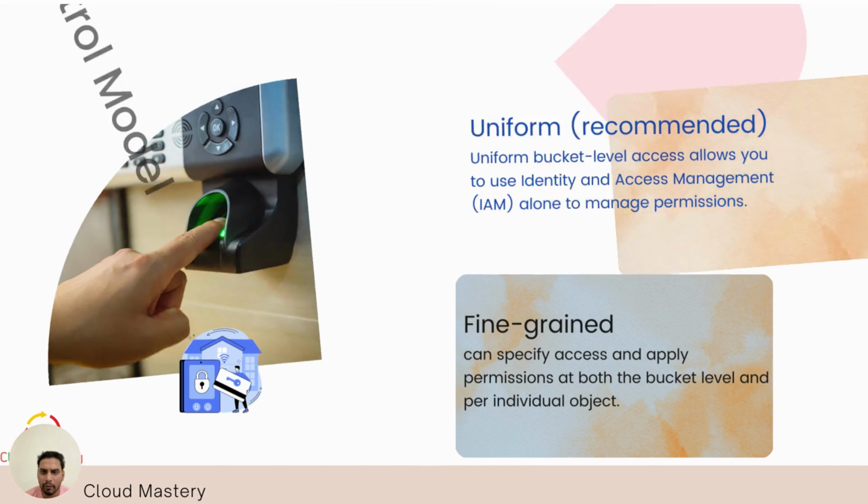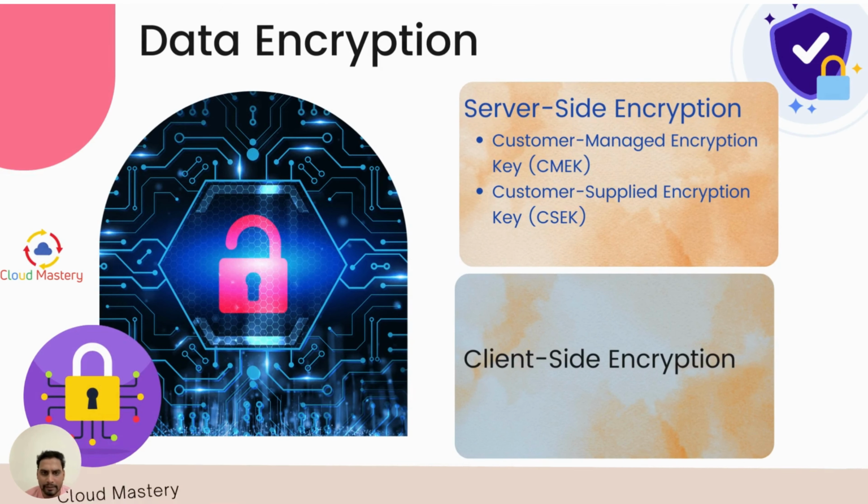Now let's talk about data encryption. Cloud Storage always encrypts your data on the server side before it is written to disk, at no additional charge. This is the default Google Cloud Storage behavior, and there are also additional ways to encrypt your data using Cloud Storage.